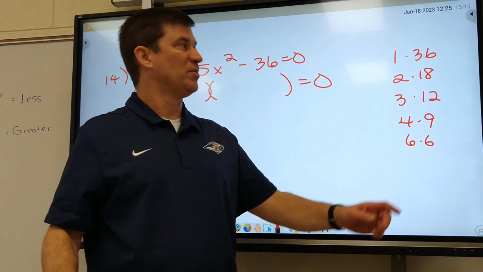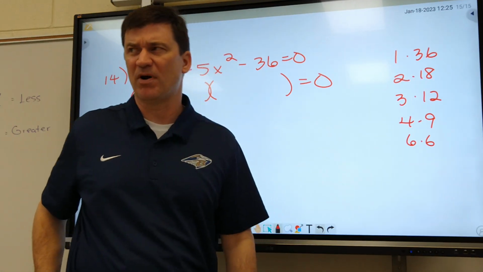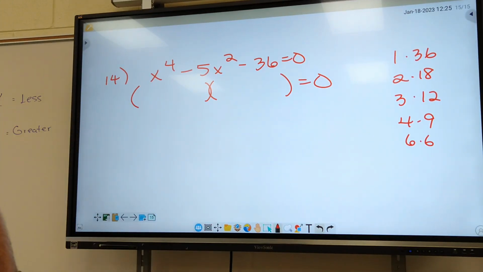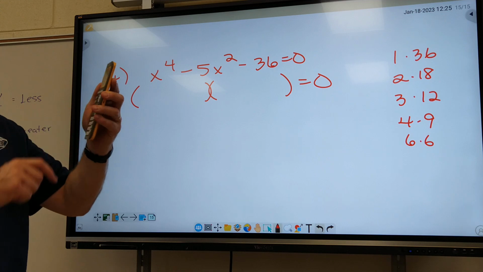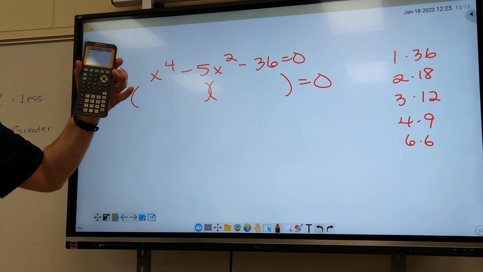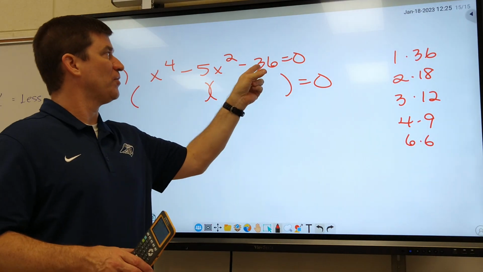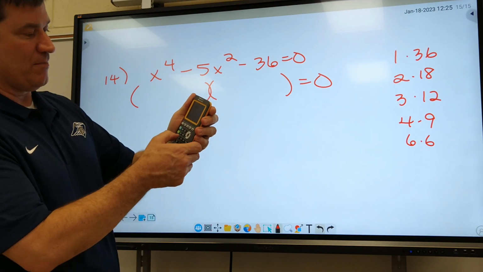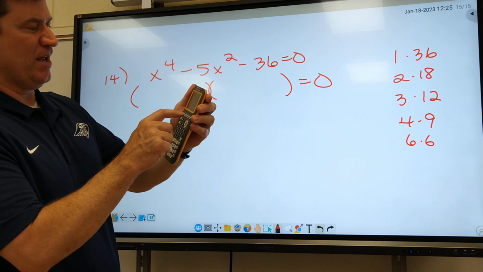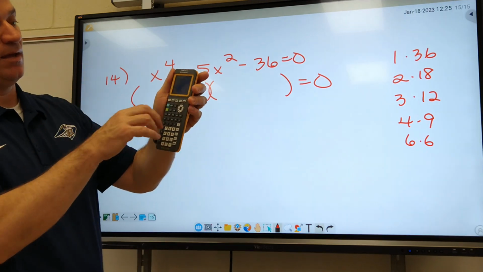There is a way you can bring this up on your calculator. Does anybody remember how? I think we hit y equals. Okay, that's it. Everybody hit y equals. Then you type in 36 divided by x, and we hit, no, we don't hit graph, we hit second table.